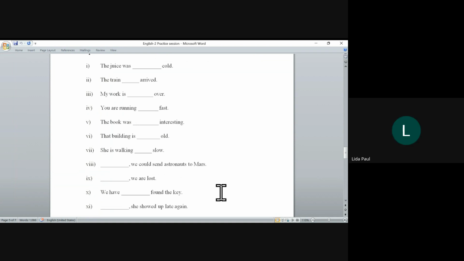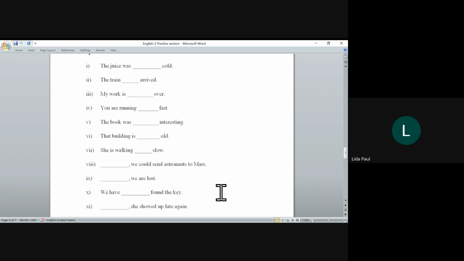Almost. Yeah, almost over, right? And so what have you used here? Sorry, not adjective, adverb. Almost would be degree, right? Almost would be degree. Degree adverb. Okay. Fourth one is you are running dash fast. Very or too. Yes, very is okay. Too is okay.